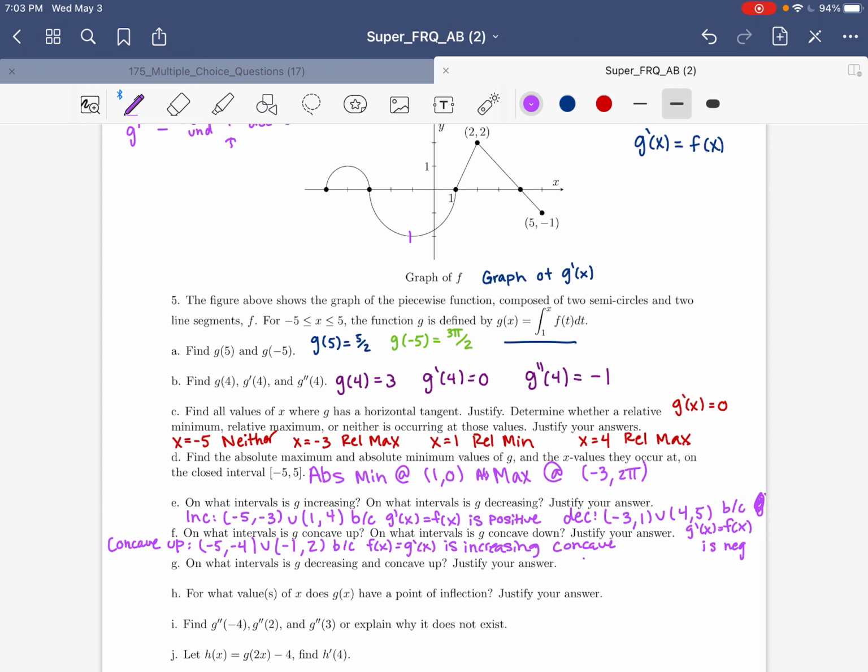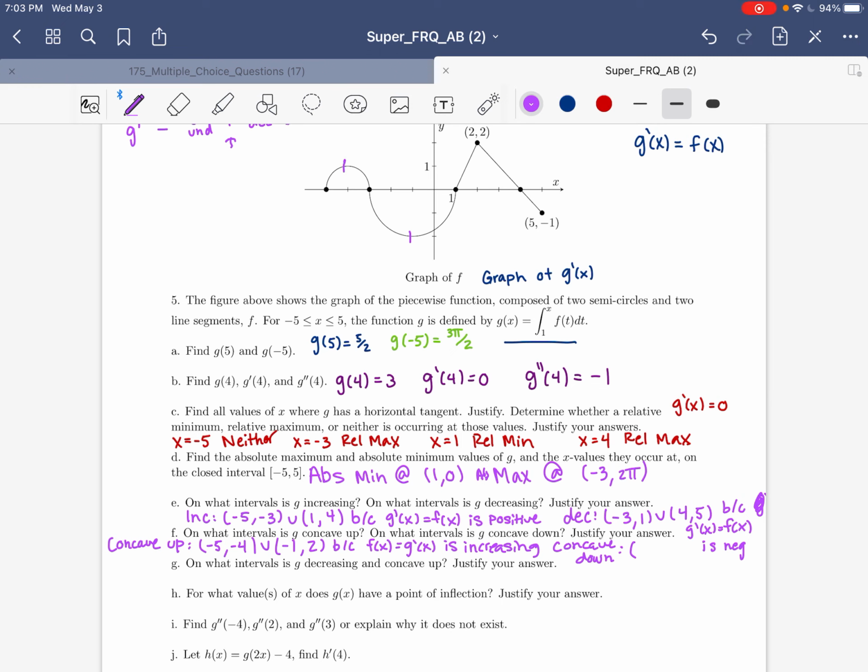Then concave down. Oh, just kidding, I'm doing the wrong thing. Hold on.